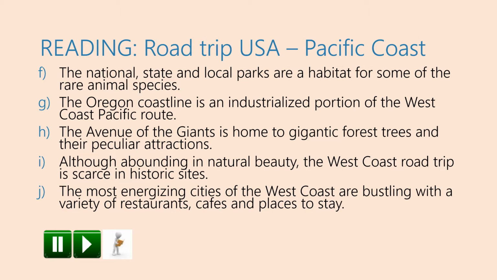The Oregon coastline is an industrialized portion of the West Coast Pacific route. The Avenue of the Giants is home to gigantic forest trees and their peculiar attractions. Although abounding in natural beauty, the West Coast road trip is scarce in historic sites. The most energizing cities of the West Coast are bustling with a variety of restaurants, cafes, and places to stay.